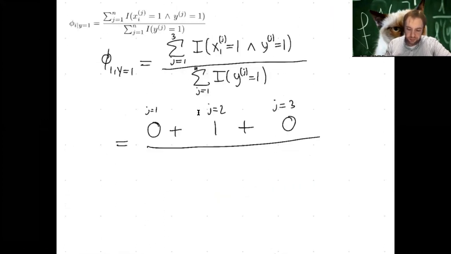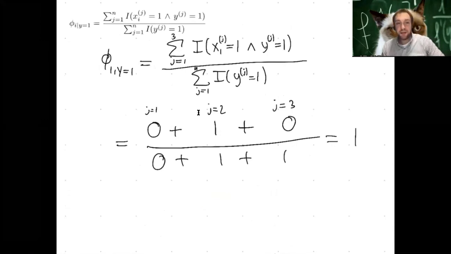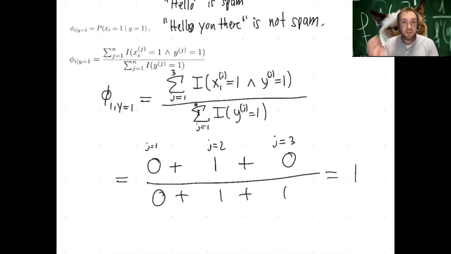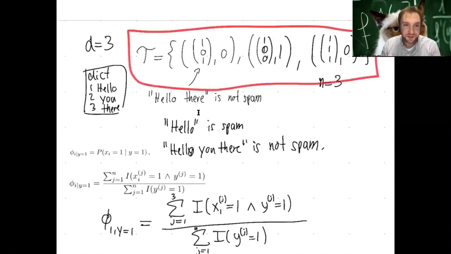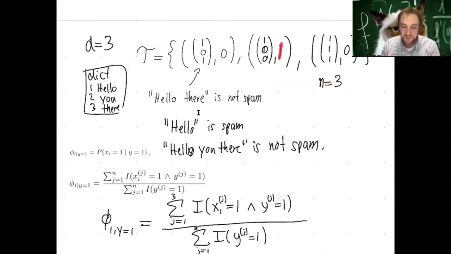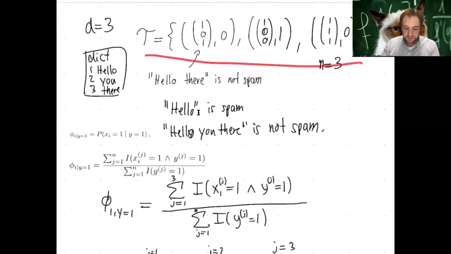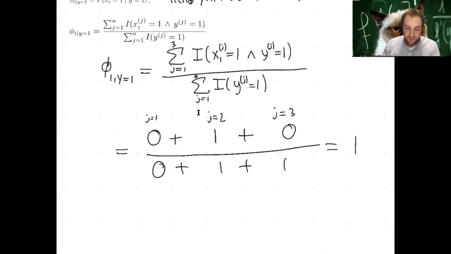So in this case, it's 1. So the probability that if I have a spam email it contains the word hello is 100%, because the training example here is quite small, right? Assuming I have a spam email, all of the spam emails in my training examples contain the word hello. So that is why in this example, this probability is 1.